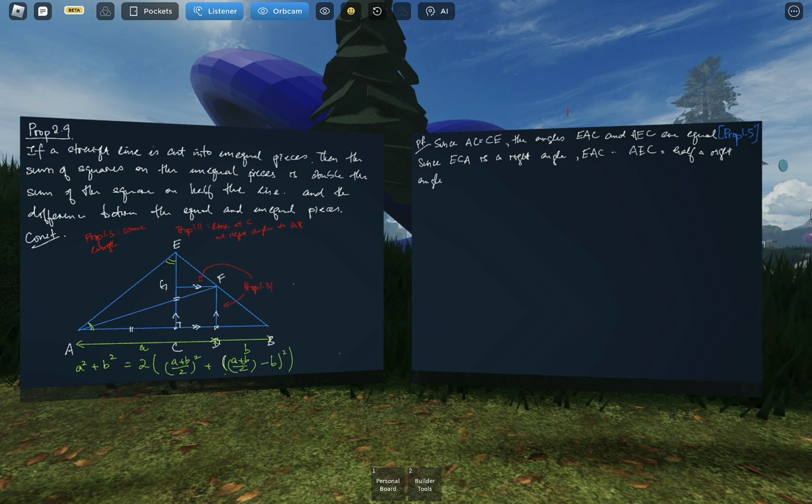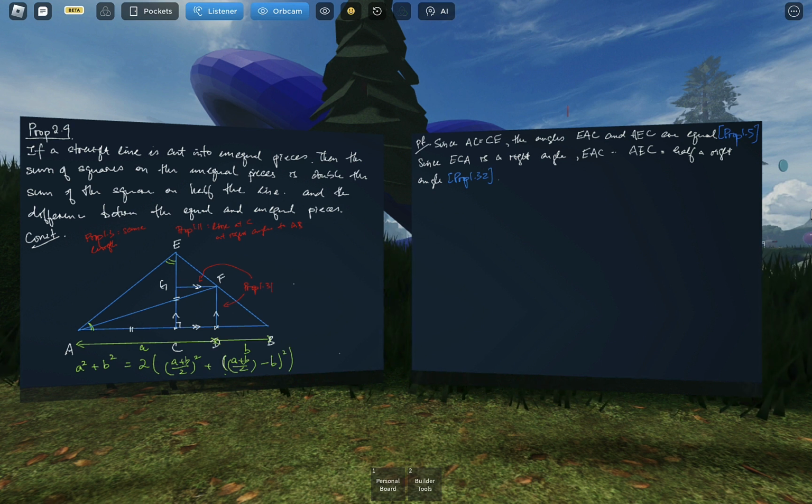This follows from proposition 1.32, which says that the angle sum of triangles is equal to two right angles. A fact that we're all familiar with. We'll call it 180 degrees usually, the two right angles. And so we've got these two. And similarly, we're going to apply the same argument to the other side.